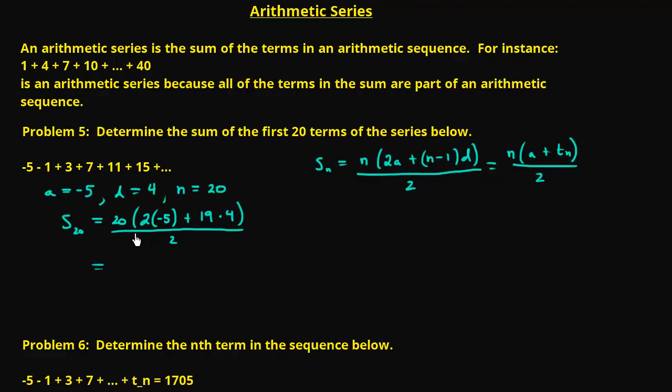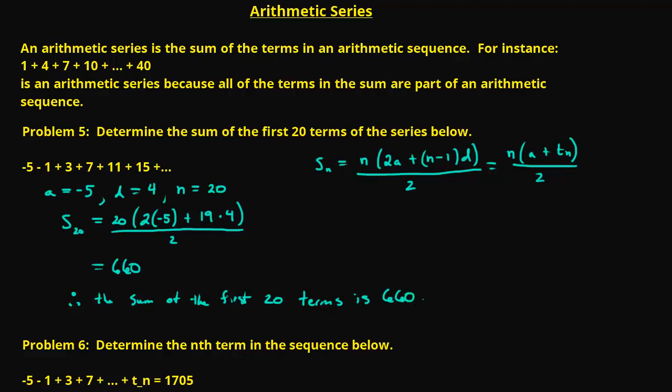We can compute this: negative 10 plus 19 times 4 is going to be 66. 66 times 20 is 1,320. Divided by 2 is 660. So therefore, the sum of the first 20 terms is 660.